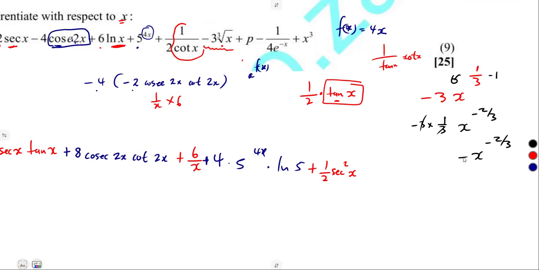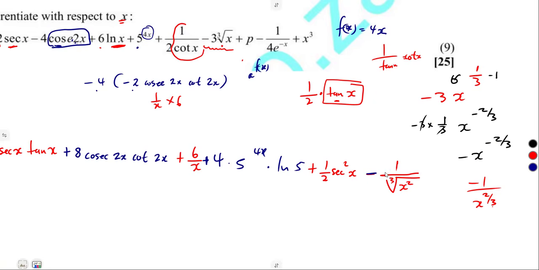So here we can get rid of that negative on the exponent. It's going to be x to the exponent of 2/3, which simply indicates the cube root of what? That's going to be the cube root of x squared, right? The numerator is our exponent, with a negative, all right?